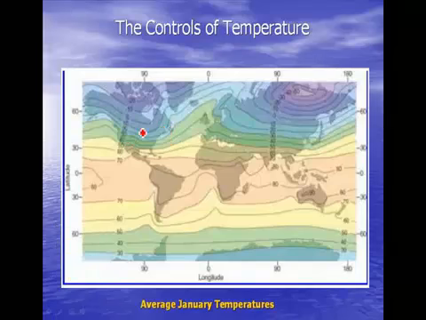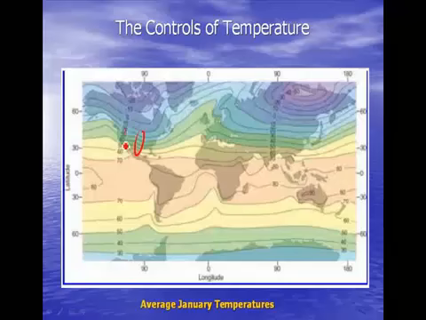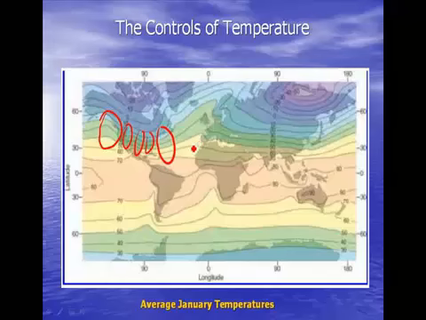Here they're tightly packed together, but as we go into the ocean, they begin to spread out. Same thing here, tightly packed together. Here they begin to spread out. So anywhere you have an ocean and continent, the same thing. Look over here. We have the temperature lines really bending upward. So what's the cause for that?